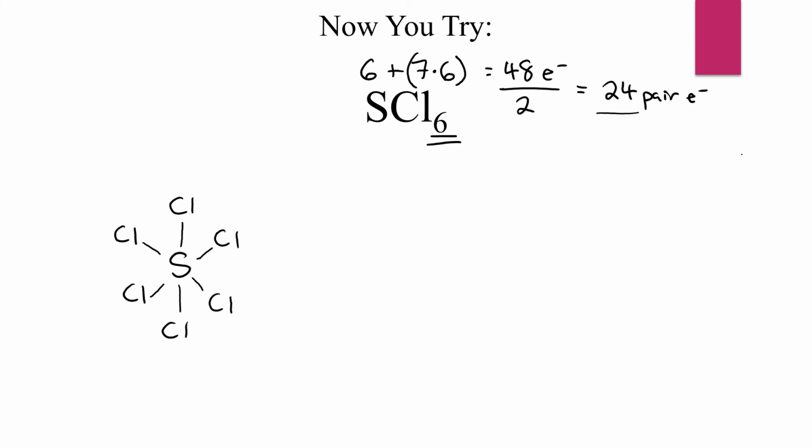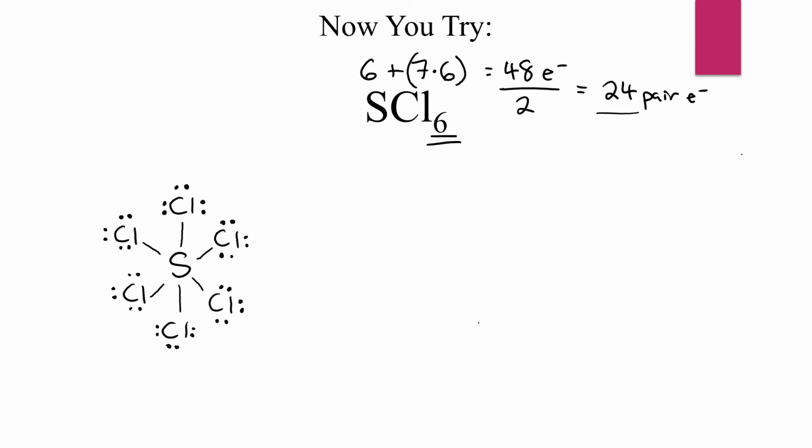Again, I want to get 24 pairs. I have 6 so far. 7, 8, 9, 10, 11, 12, 13, 14, 15, 16, 17, 18, 19, 20, 21, 22, 23, 24. So I know all of my valence electrons have been used up, and this is my Lewis dot diagram.